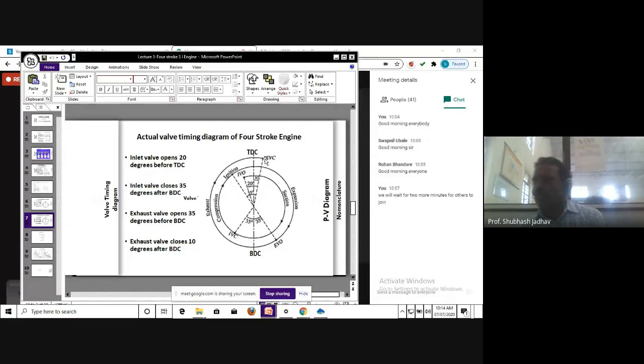So we have here the valve opening and closing, and accordingly you can see theoretically it is 360 degrees twice, because we have two rotations. So from here to coming back to here, it is 360 degrees, and from here to here it is 360 degrees, and here it is more than this. So 360 plus 360 plus some extra. So that is what it is.